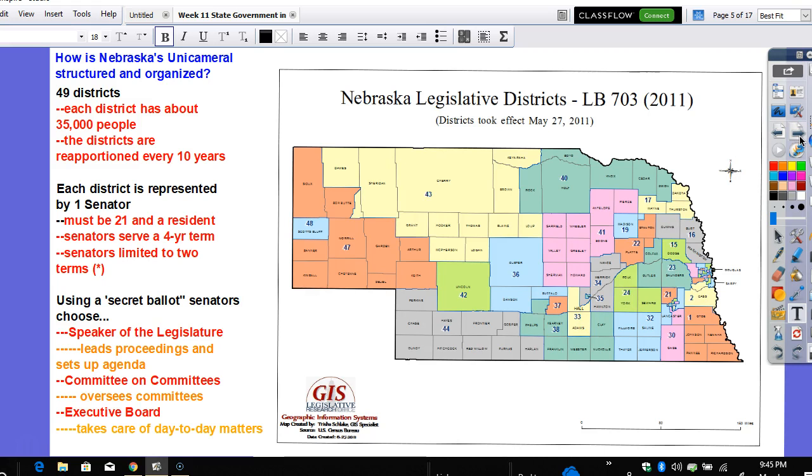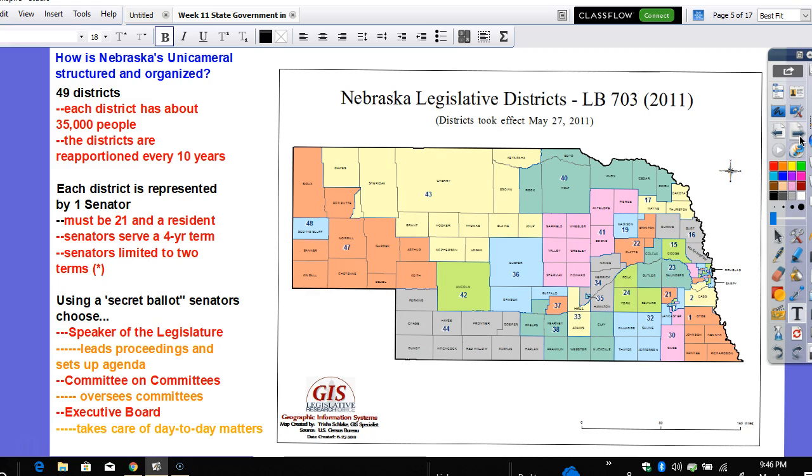Here in Nebraska, just recently, we put term limits on our state senators. A senator is limited to 2 terms for 8 total years. Now you'll notice I put an asterisk next to that. In our Constitution, under this section that covers term limits, it also contains a provision that a state senator, once he or she has served 2 consecutive terms, can no longer serve in the state legislature.